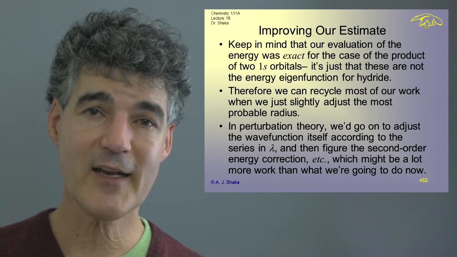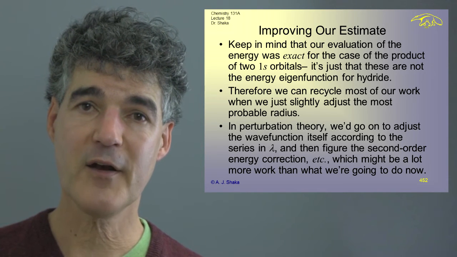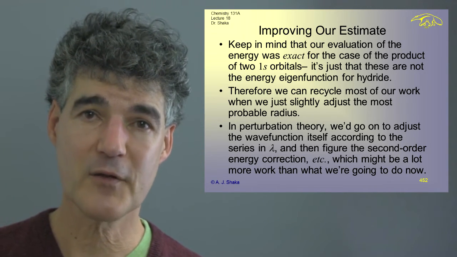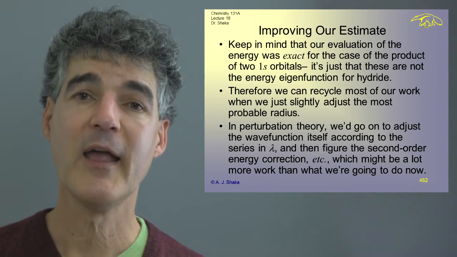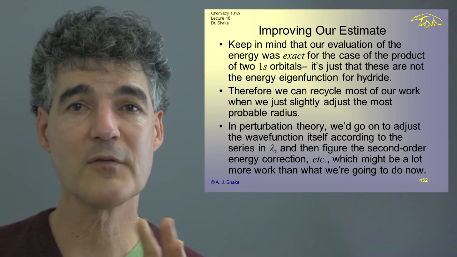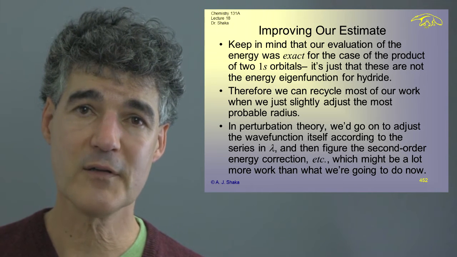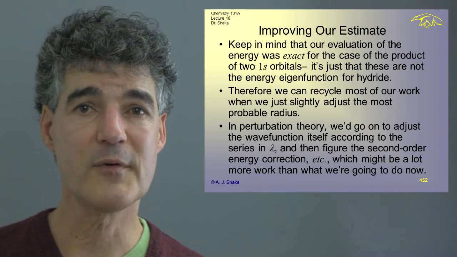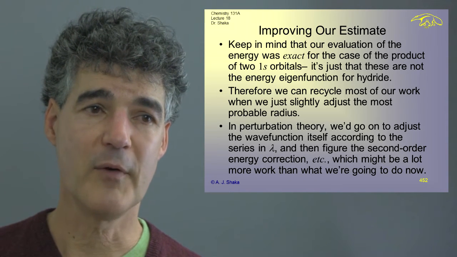So that's the exact energy for that wave function. In order to get a better estimate, we have to correct the wave function. And we're just going to correct the wave function now, and hopefully, if we just tweak the wave function slightly but don't change it in any essential way, the math won't get too difficult. We can still use all our other results and do our integrals and so forth, and then see what we get.